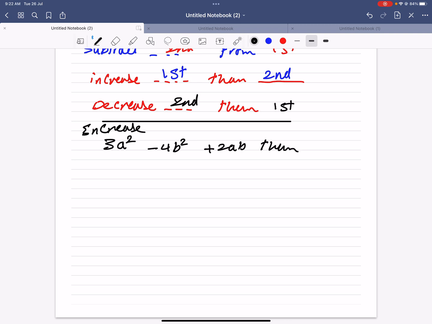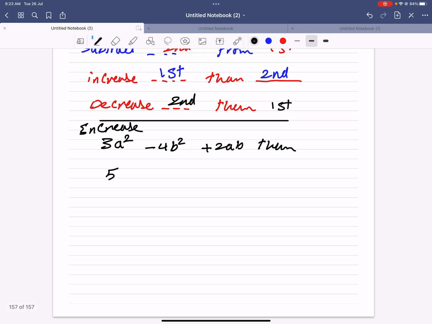And let me remind you the increase you don't have to change anything. ففي حالة الانكريس لما اجي اسألك على الانكريس وبتاع فما بغيرش حاجة، ما بغيرش حاجة. خلي بالكم من البوينت دي لان هي يعني مش صعبة يعني ولا حاجة. So بيقول لي ايه الانكريس بتاع 3a power 2 negative ال 4b power 2 plus ال 2ab then 5ab negative 3b power 2 positive 7a power 2.